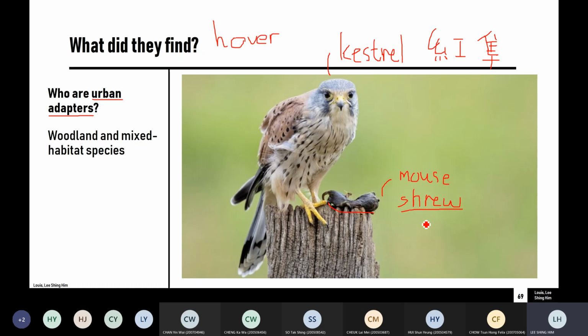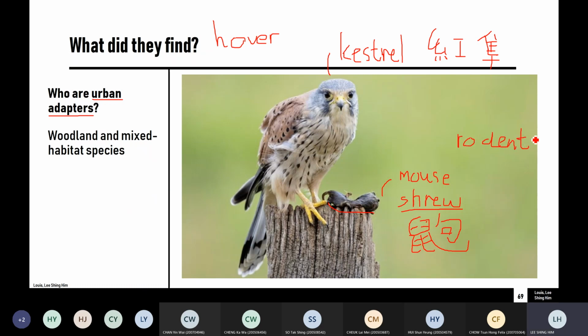This is 鼩, okay? 嗱，我唔知我有冇寫錯啊？ So mouse and shrew, they are both rodents.